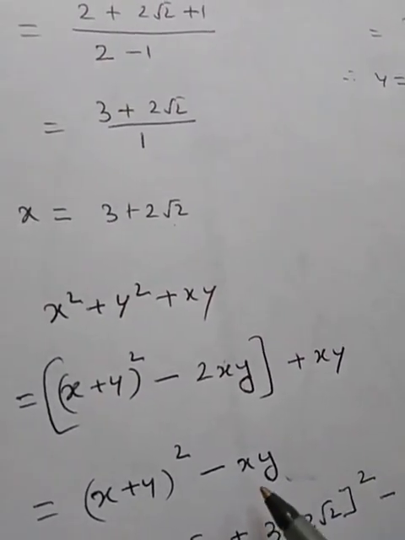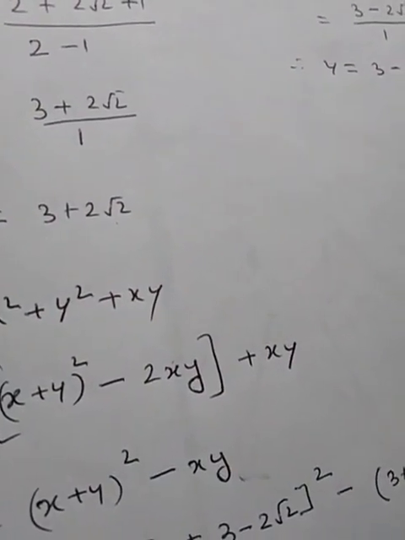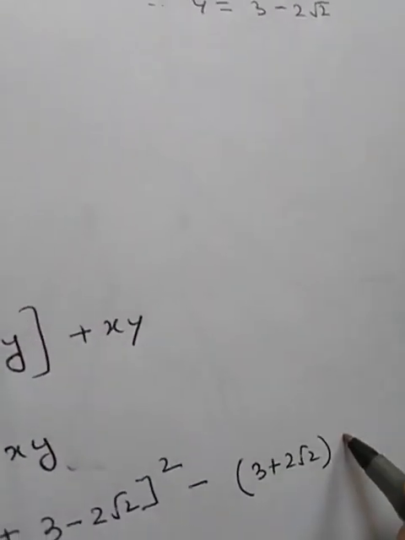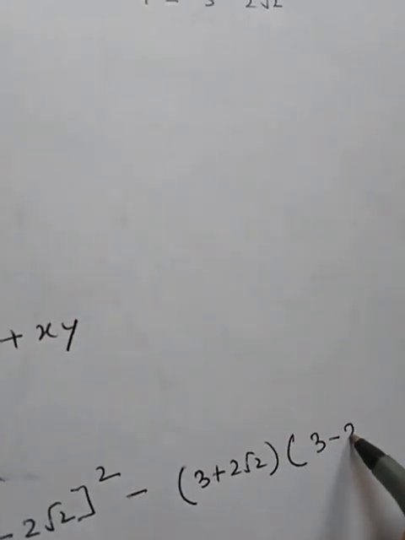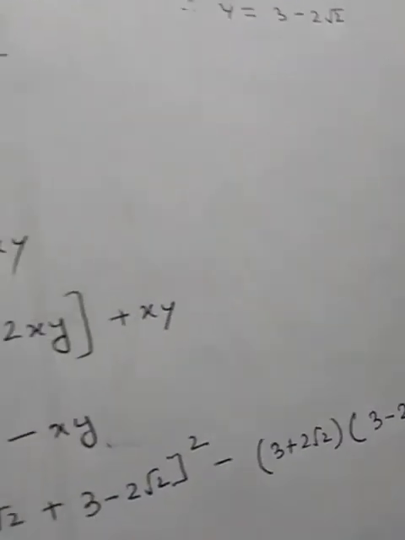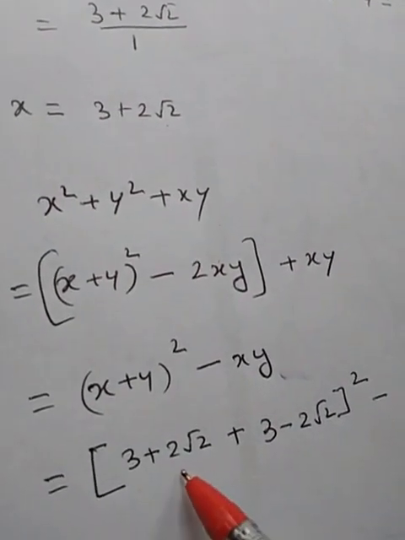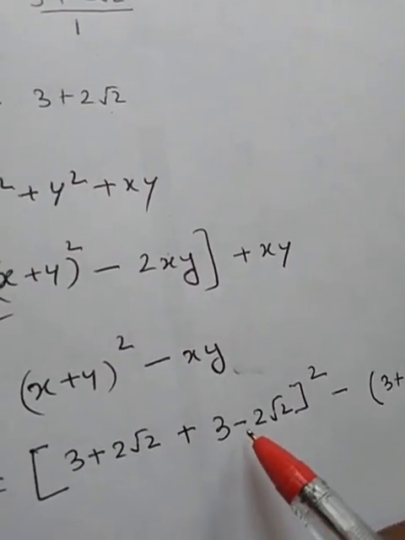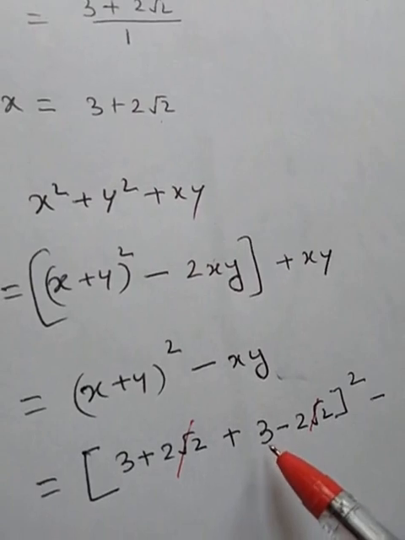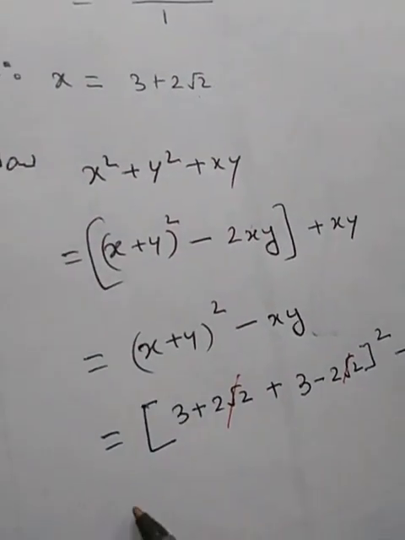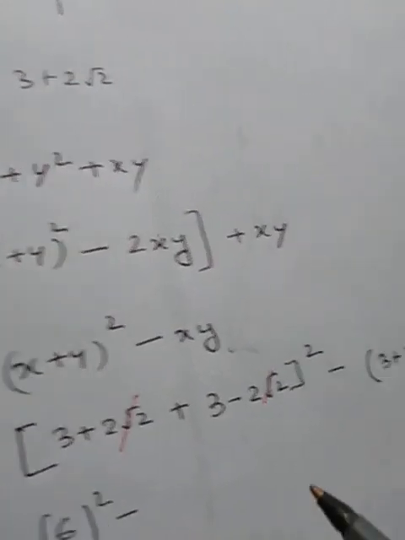So here also you can put x and y. X is 3 plus 2 root 2 into y is 3 minus 2 root 2. So here 2 root 2 and 2 root 2 are the same with opposite sign, you can cancel this. 3 plus 3 will become 6. So that we can write here 6 square minus.